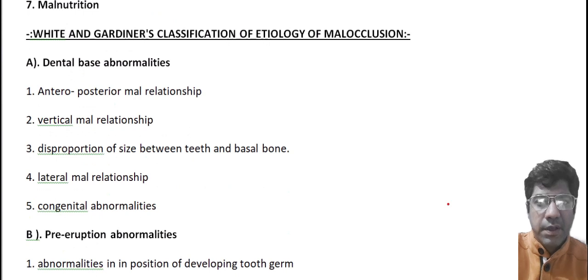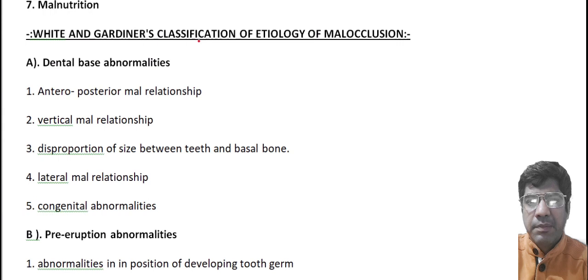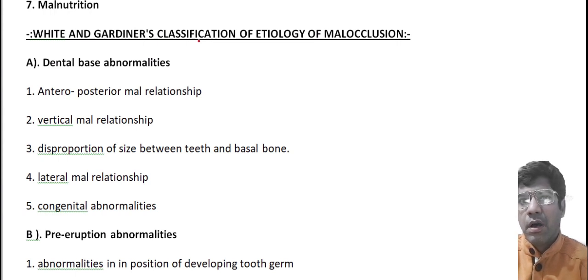The first is the White and Gardiner classification of malocclusion that aims to distinguish between the skeletal and dental etiological factors. So it categorizes the malocclusion based on dental base abnormalities, pre-eruptive abnormalities, and post-eruptive abnormalities.